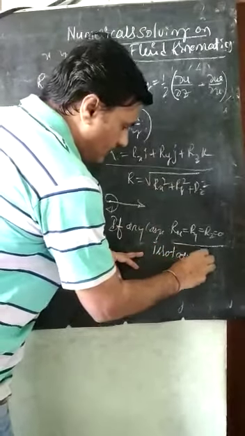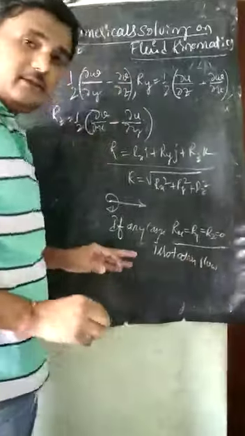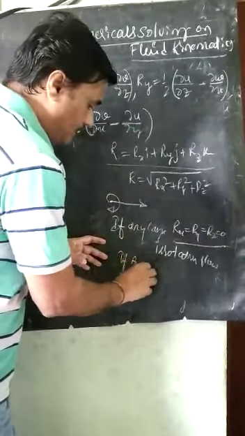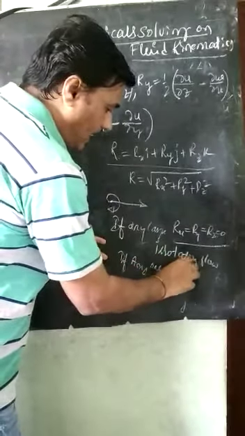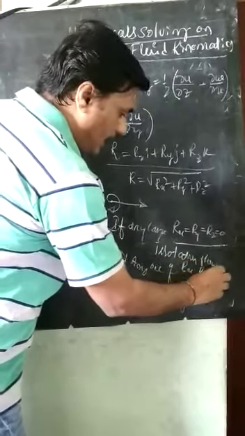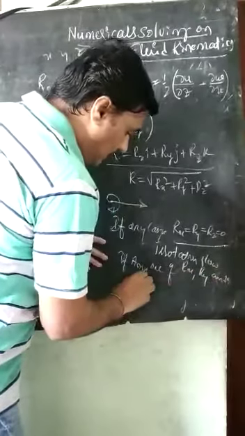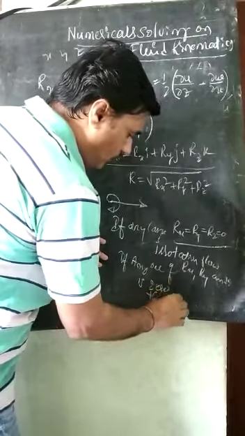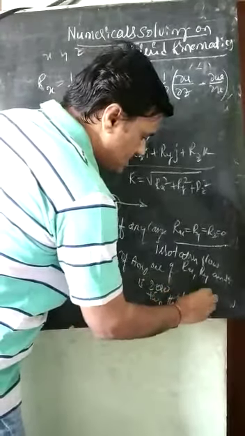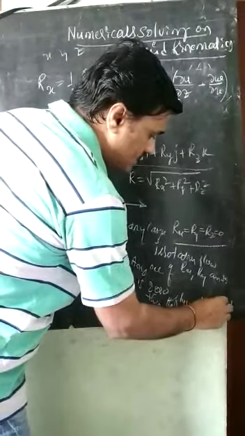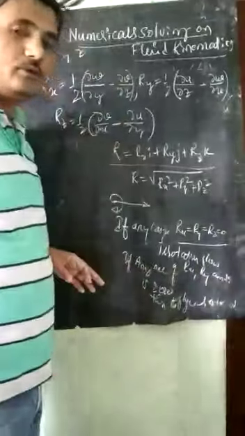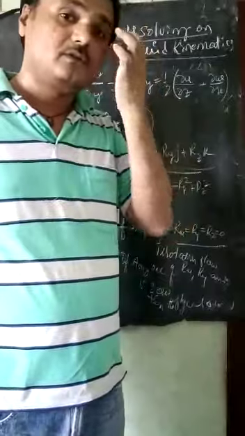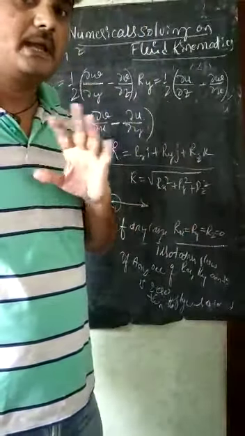If any one of Rx, Ry and Rz is not 0, then the flow is rotational flow. This is how we find mathematically whether flow is rotational or irrotational.